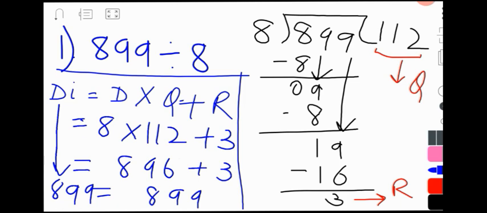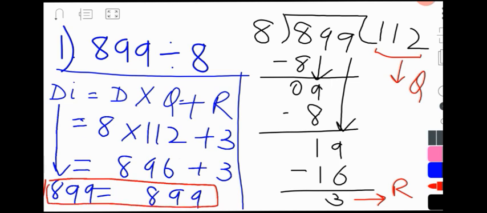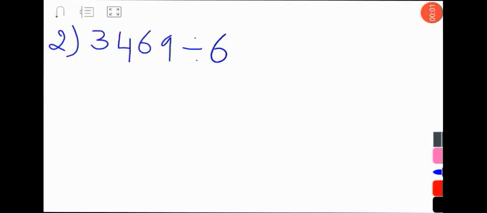So our left hand side and right hand side are both the same. That means our answer is correct. Now let us move to another question. Our next question is 3469 divided by 6. In this also we'll use the same method.